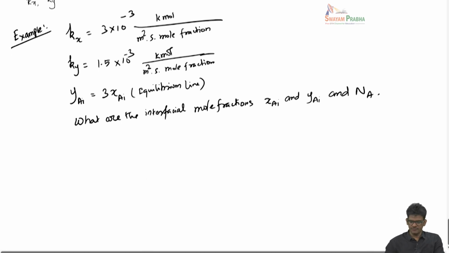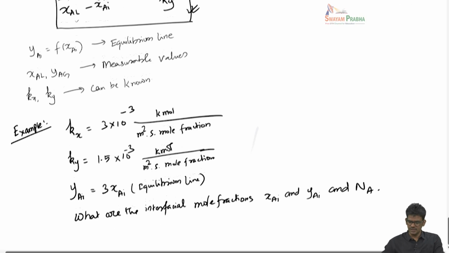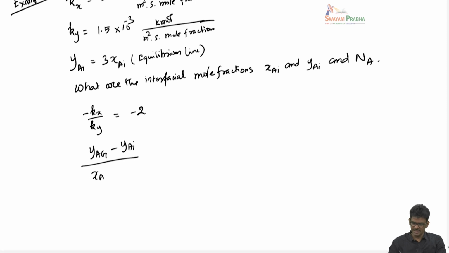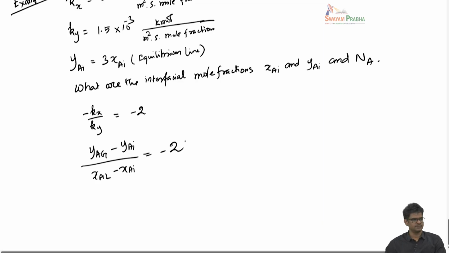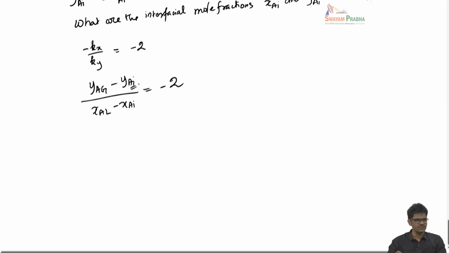Okay, so first we know this equation, the equation of the driving force, and the slope of that line is minus Kx by Ky. So this is basically minus 2 here, and then you can go to this equation: (YAG minus YAI) divided by (XAL minus XAI) is equal to minus 2. Now I can substitute for YAI using the equilibrium line.